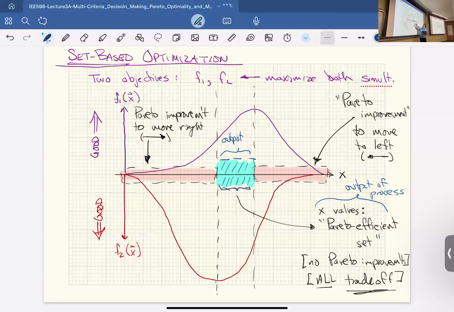Yeah, right. So it'll be easier on the next slide, where I'll plot F1 against F2, but basically there are these Pareto efficient, or as we'll see, the Pareto optimal manifolds, where the dimensionality matters. So right now we have two optimization objectives, and so we end up having 1 degree of freedom in our Pareto efficient set.